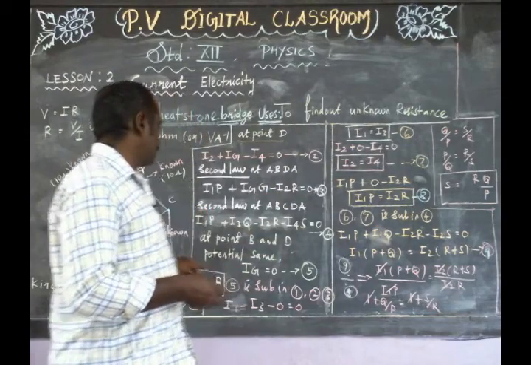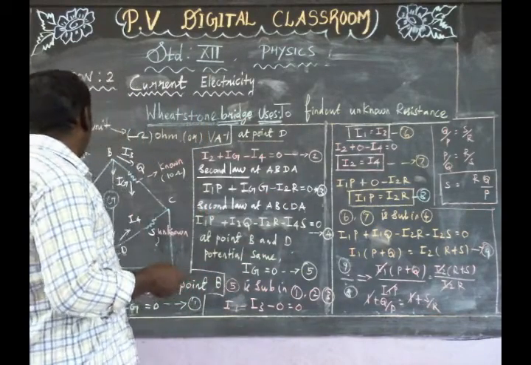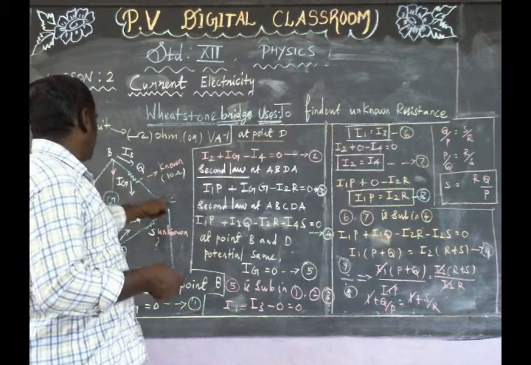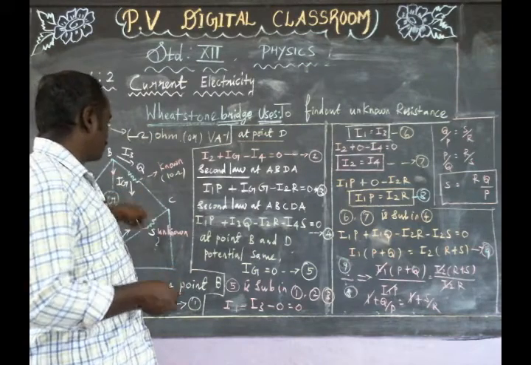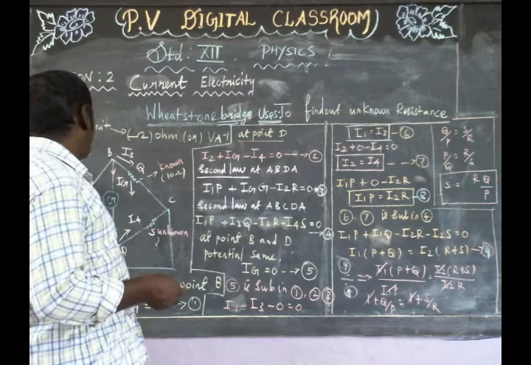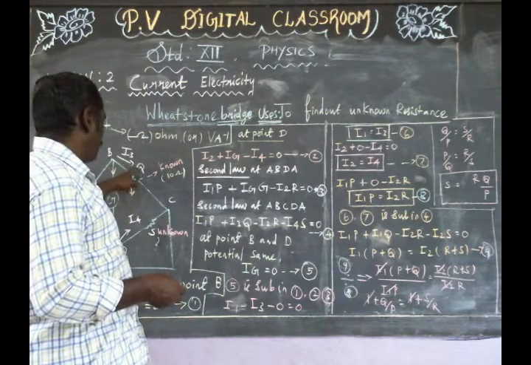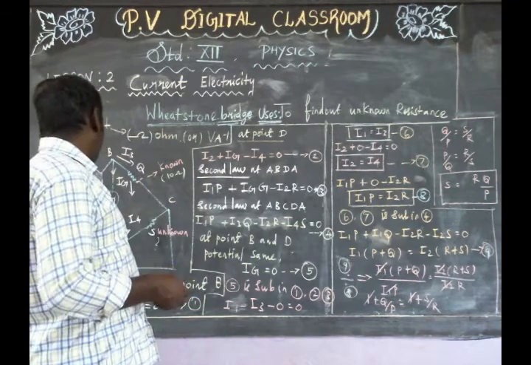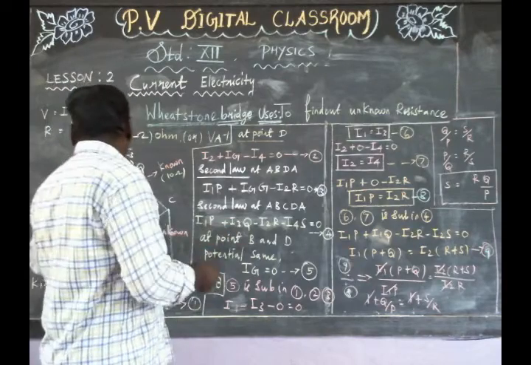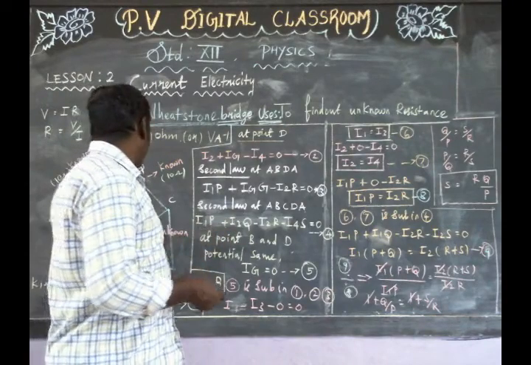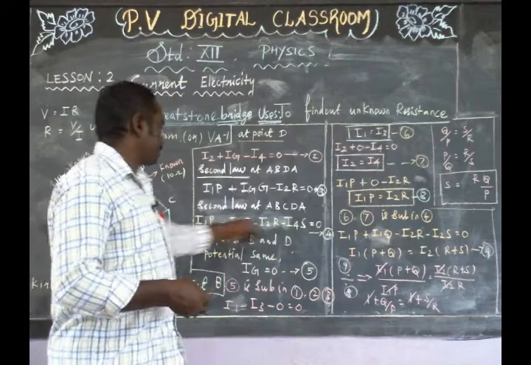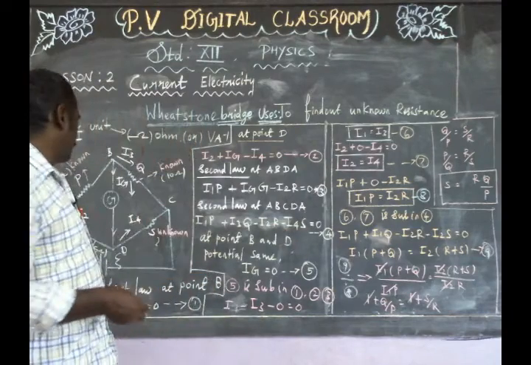This is equation 3. Second law, applying to network A, B, C, D, A: I1 P, I3 Q, anti-clockwise direction minus I2 R minus I4 S is equal to 0.